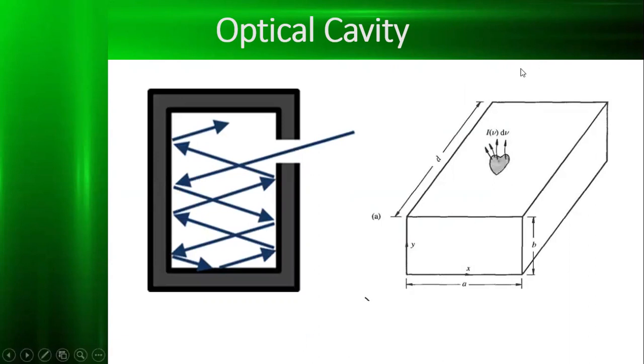Light can enter from this small hole, and then the light will start to propagate inside the cavity and return back, and so on. So we have a very, very small hole. Its dimension is very small with respect to the dimension of the cavity, and we have this hole in order to allow light to be inside, and then light will propagate inside the rectangular waveguide.